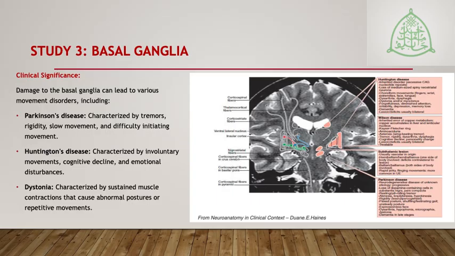One of the most common is Parkinson's disease or Parkinsonism, characterized by tremors, rigidity, slow movement, and difficulty initiating a movement, which we've all seen here.